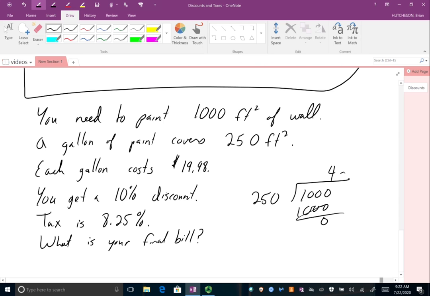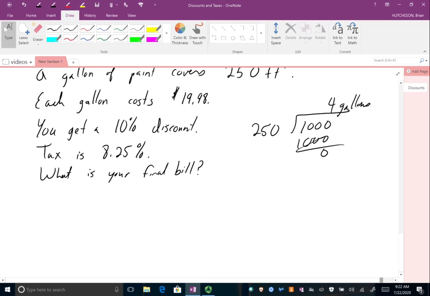So I need 4 gallons of paint. Well, if I need 4 gallons of paint and each gallon costs $19.98, I am looking at $19.98 times 4 is $79.92.